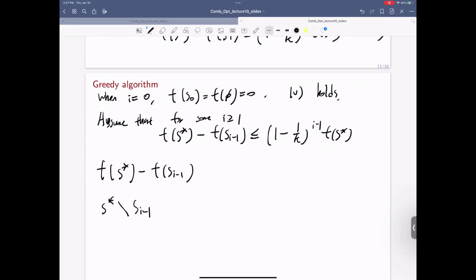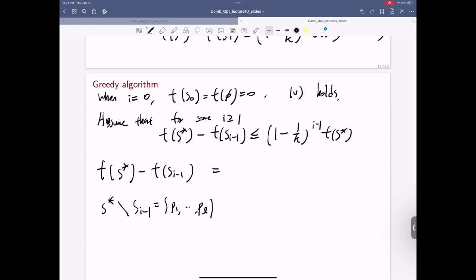Let me denote them by P1 through PL. So L is at most k, because S star is an optimal solution with at most k elements. So L is bounded above by k.